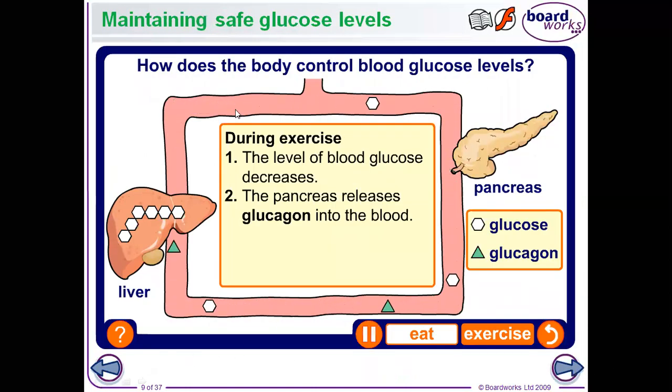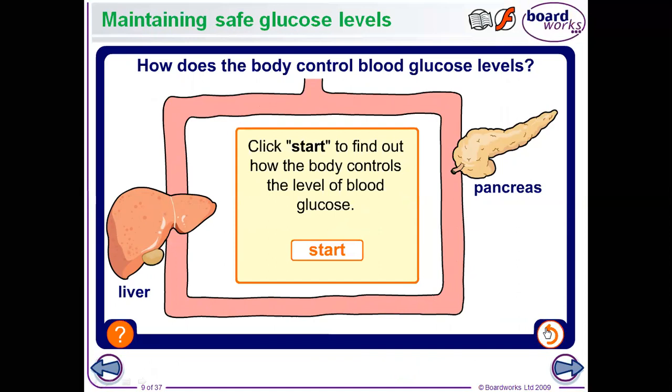Now, how does the body control the blood glucose level? As I told you before, the pancreas is the organ that controls the blood glucose level, because the pancreas produces two hormones, insulin and glucagon. The liver also plays an important role in that, in the storage of glucose.